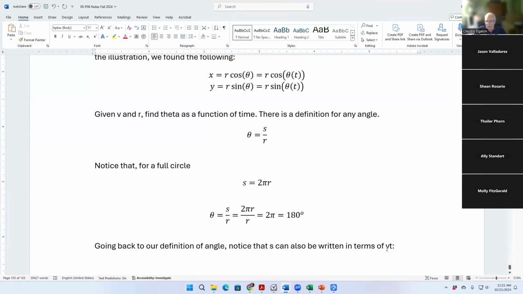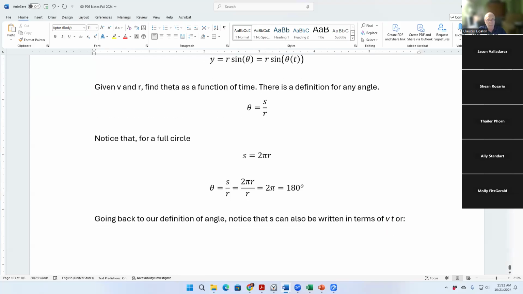V is the velocity of the particle, or the speed of the particle, and t is the instant of time. The arc described by the particle at a given instant of time can be given by V times t.